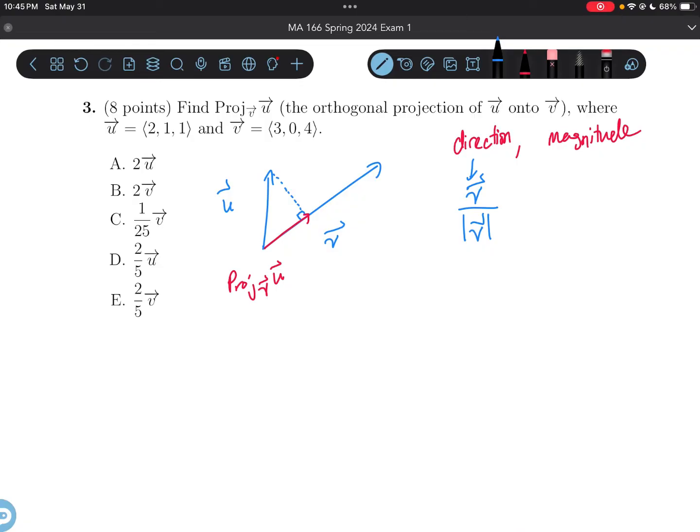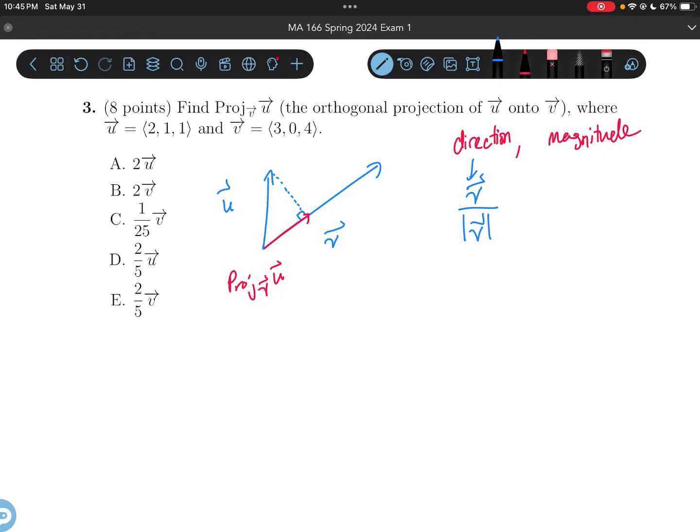This is important. Having the unit vector is important because to find the value of this projection vector, all we're going to do is multiply the magnitude of that vector times this unit vector. Okay, so the magnitude is the harder part.